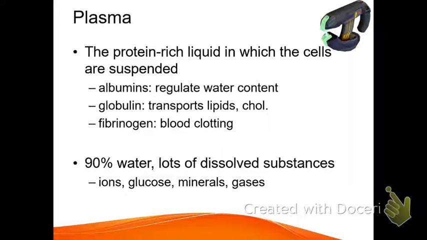Okay, in addition, anything that's dissolved in there, so looking at the bottom here, the ions, so salts that are in your blood, the glucose from your food, the minerals, and the gases, that's oxygen, carbon dioxide, mostly carbon dioxide, not much oxygen. All that stuff dissolves into the plasma, because the plasma is the watery part.